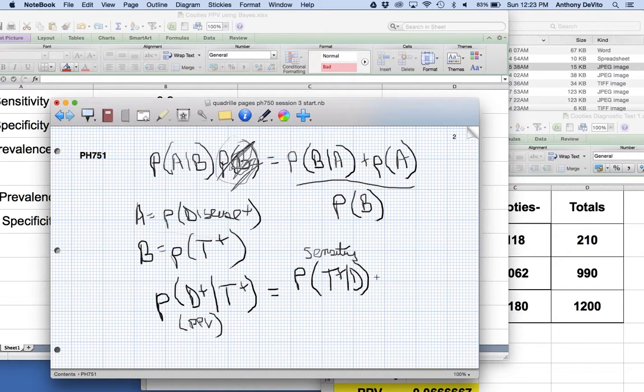Plus, times, this is times, okay? T plus is the probability of testing positive, okay? Probability that you got a positive test given that you have the disease, T plus.